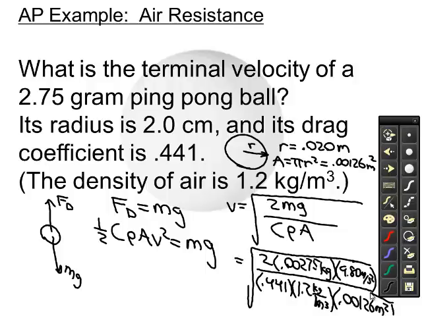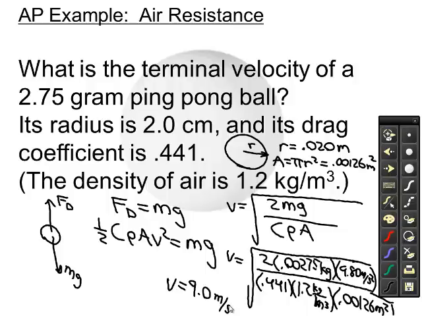Okay, take the square root of the whole mess. Are you getting like 9 meters per second? Yep. That's still pretty fast for a ping pong ball. It's still smart if it whacked you, right? So with 2 sig figs, I guess we are stuck with 9.0 because it's like 8.9908 or something.